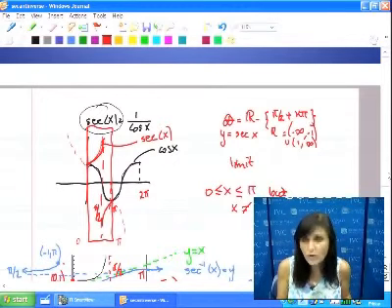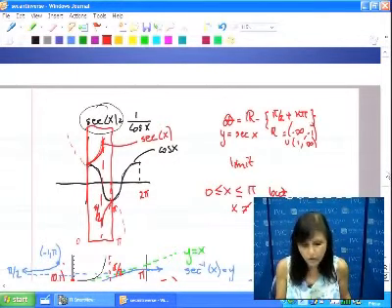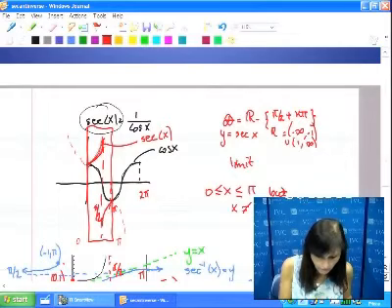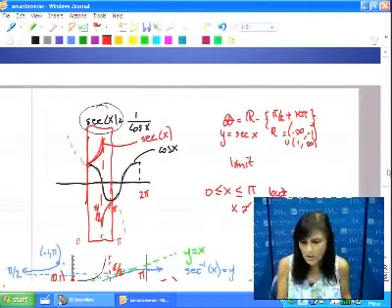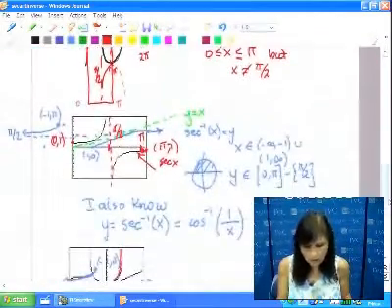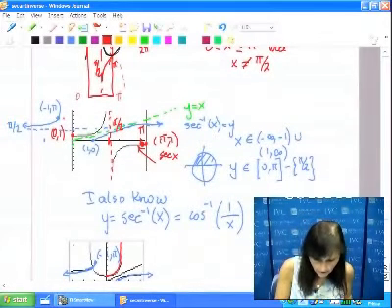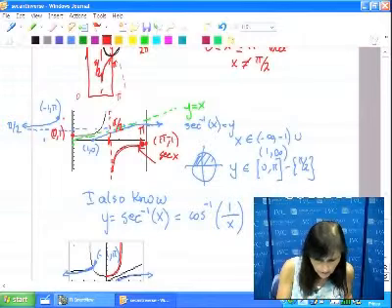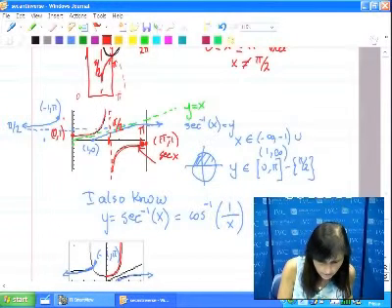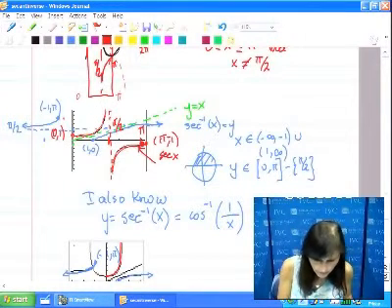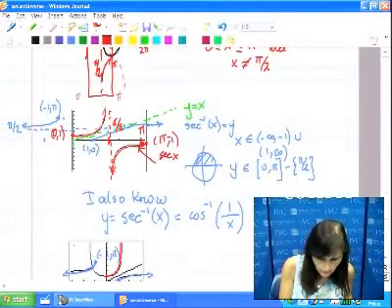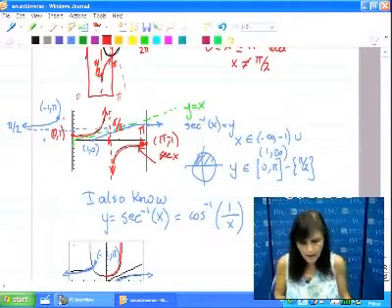And we are going to attempt to draw the reflection of that red graph with respect to y equals x. So let's get started. Here's my red graph, secant, limited in that region. And it goes down this way. It goes up that way.